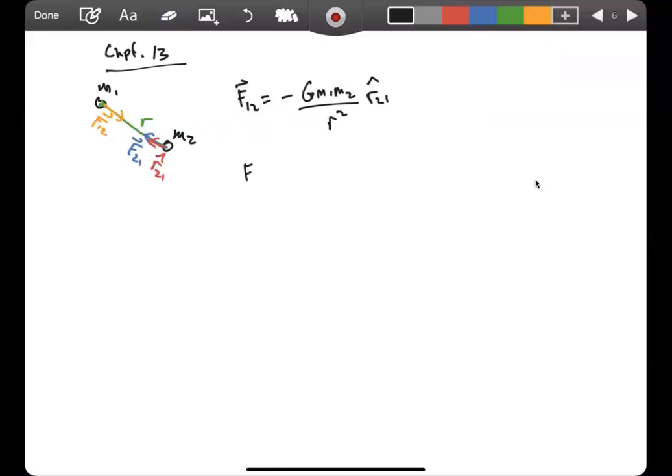And as we talked about, this satisfies Newton's third law, which says that the magnitude of the force on 2 by 1 is equal to the magnitude of the force on 1 by 2. They just point in the opposite direction. So this is, again, satisfying Newton's third law. So good. Next up, we then have the superposition principle.